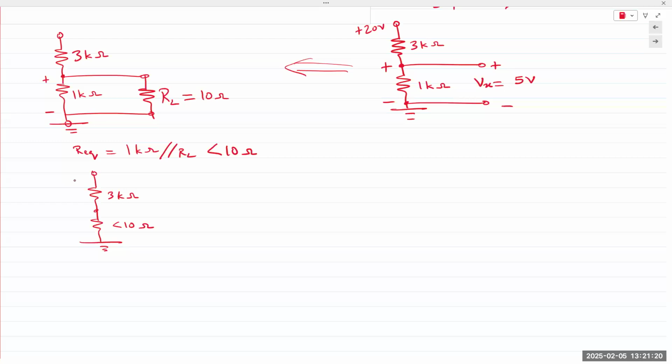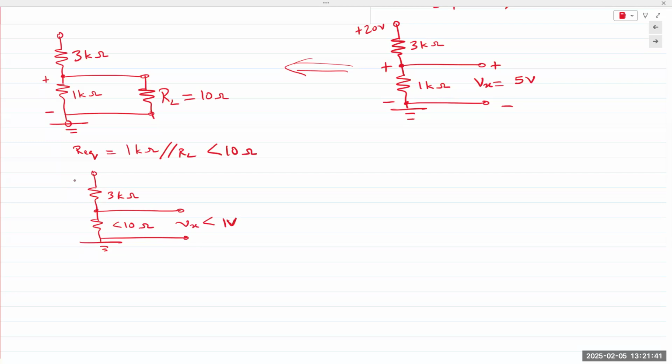And now my output is not 5 volts. It'll be less than 1 volt. Does that make sense?